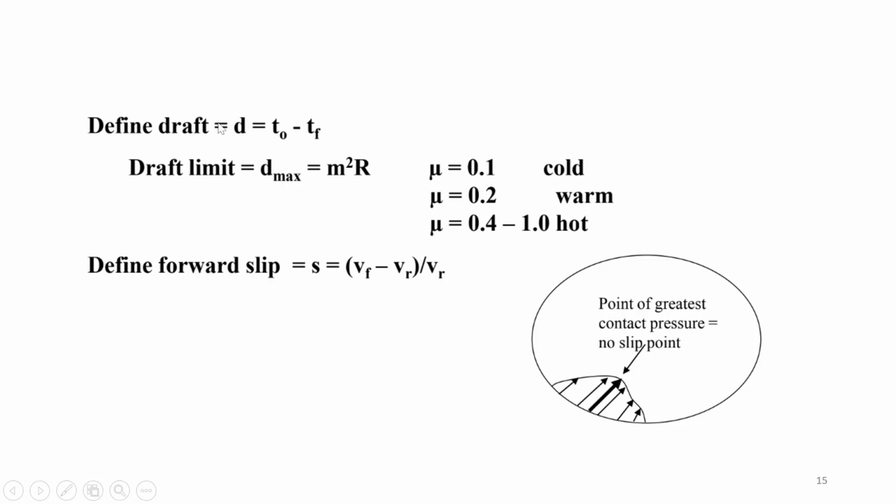So you can calculate the maximum draft based on the roll diameter. Next is define forward slip. Slip is also one of the formulas that you can remember. It is Vf minus Vr divided by Vr. So this will be the slipping of the sheet on the rolls.